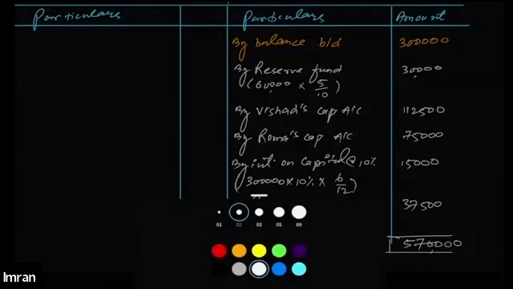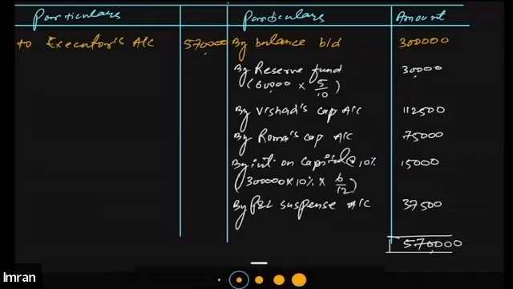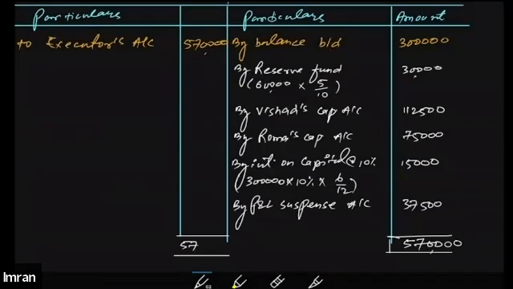So we will write this on the debit side. Should we write it as by balance c/d, yes or no? Or should we write down the name of the executor's account? We will be writing executor's capital account. And now we will close this account, 5,70,000.